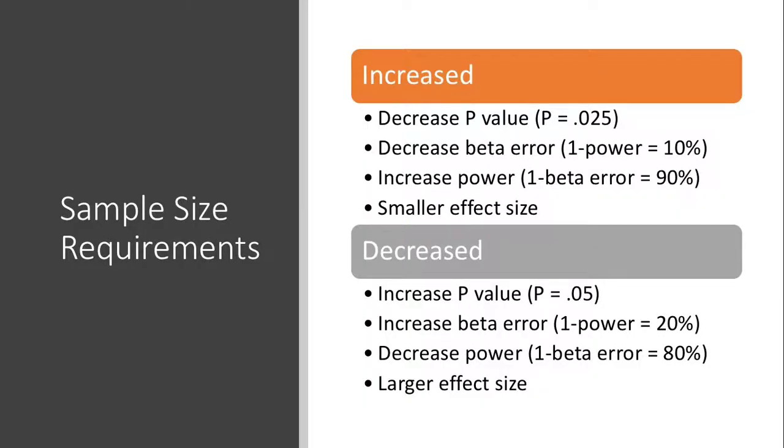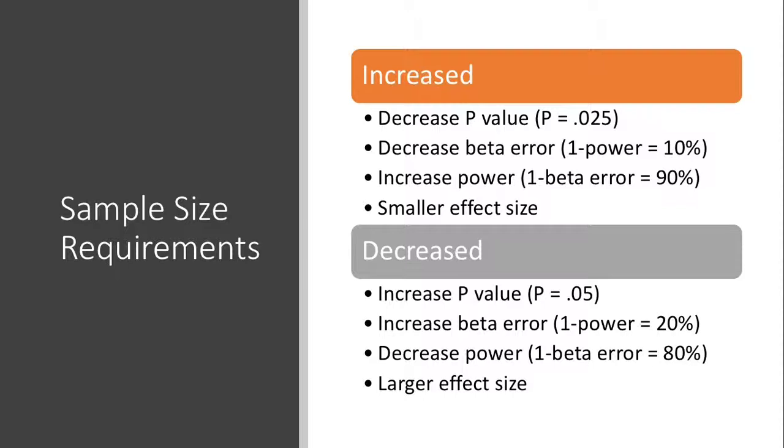So, sample size requirements. Here's a little nuts and bolts, down and dirty. Sample size is going to be increased if you decrease the p-value, you decrease the beta error, you increase the power of the study, or if you have a smaller effect size.